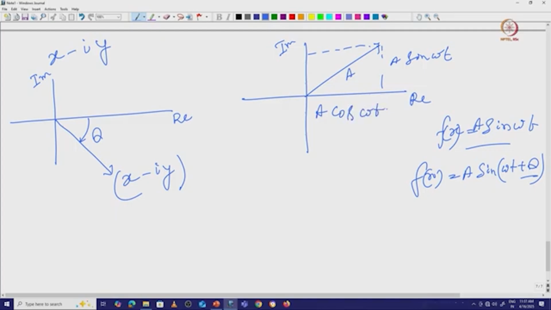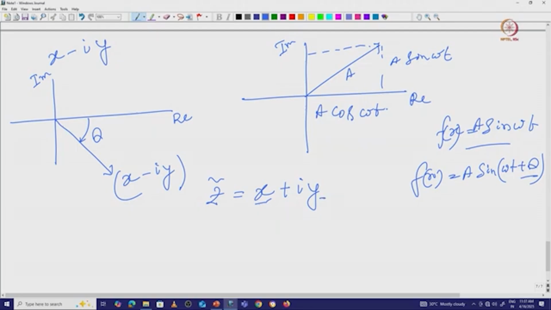Okay. Now, from where we started, this is a complex number z. So z means x plus I y, where x and y are real, and I is the imaginary component.